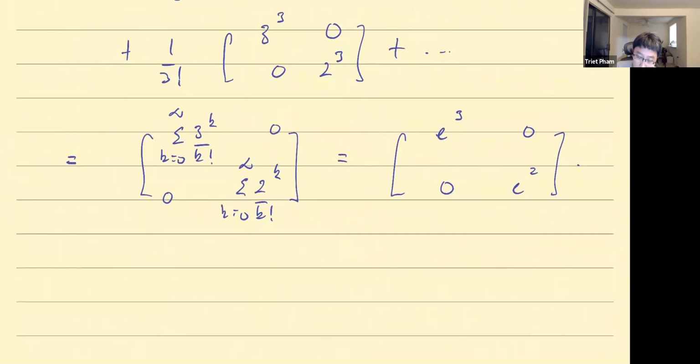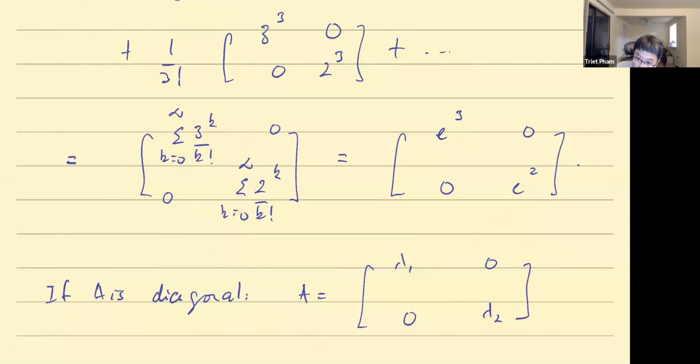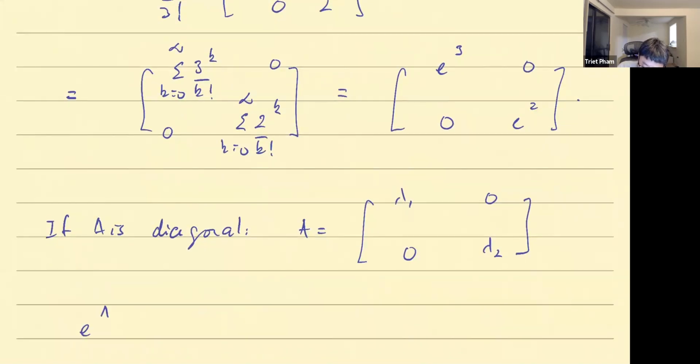So basically, right, the conclusion here is that if A is a diagonal matrix, then e to the A is the exponential of the diagonals.